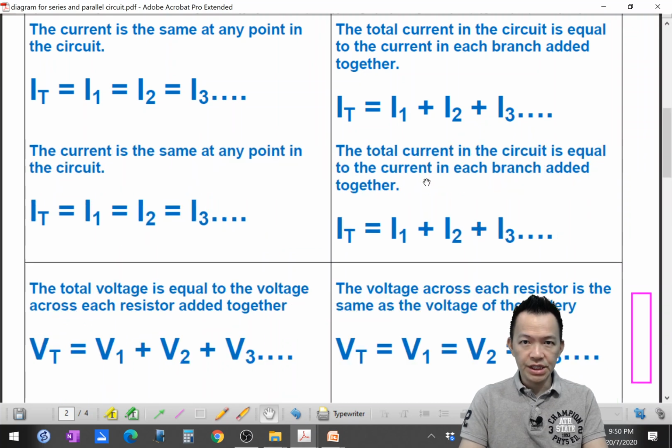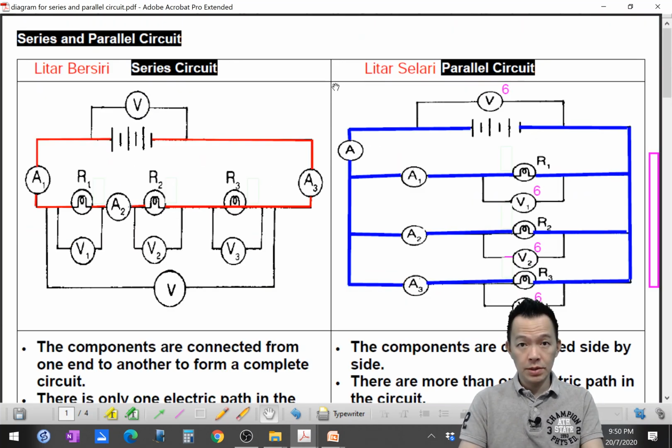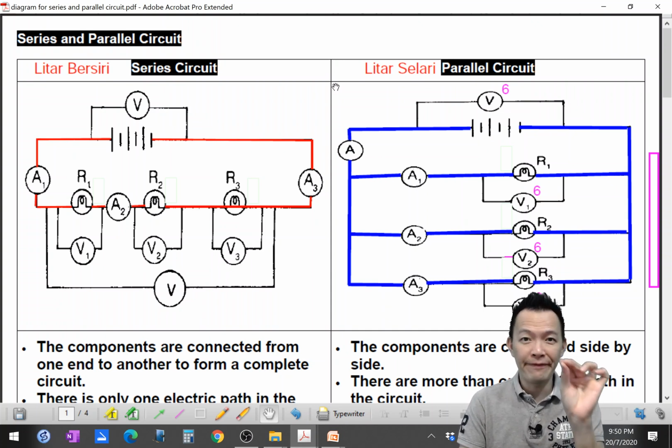Okay, finished the voltage. Now we go to the last part, the resistance in the parallel circuit. This is the most difficult part actually.